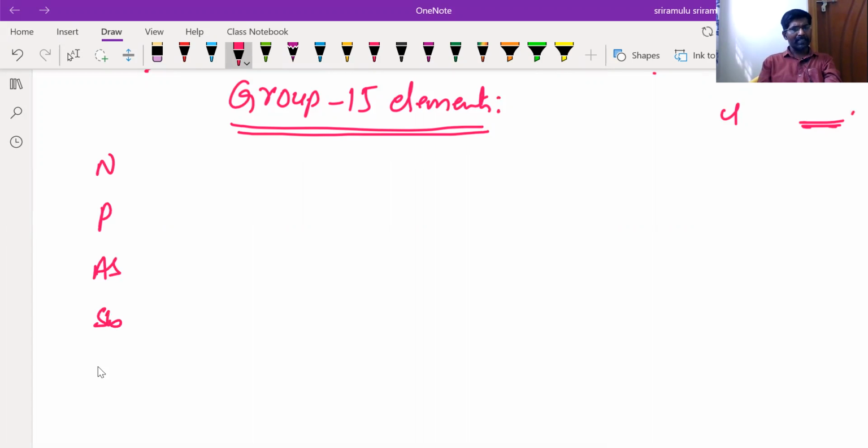arsenic, stibium, and bismuth. And the recently added element is moscovium. Okay, students, moscovium. So these are the 15th A group elements.